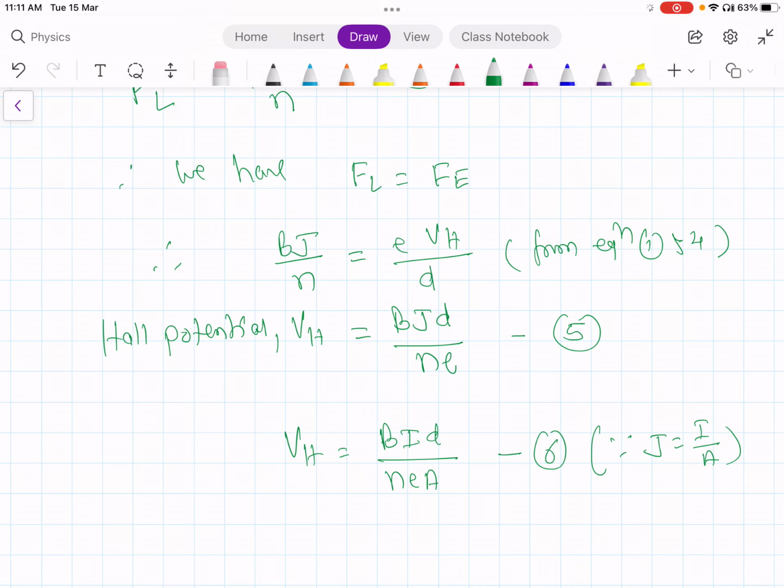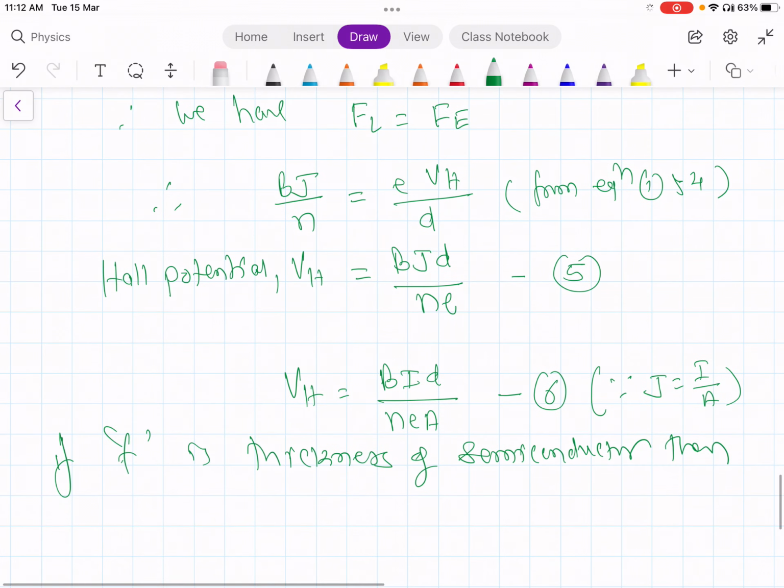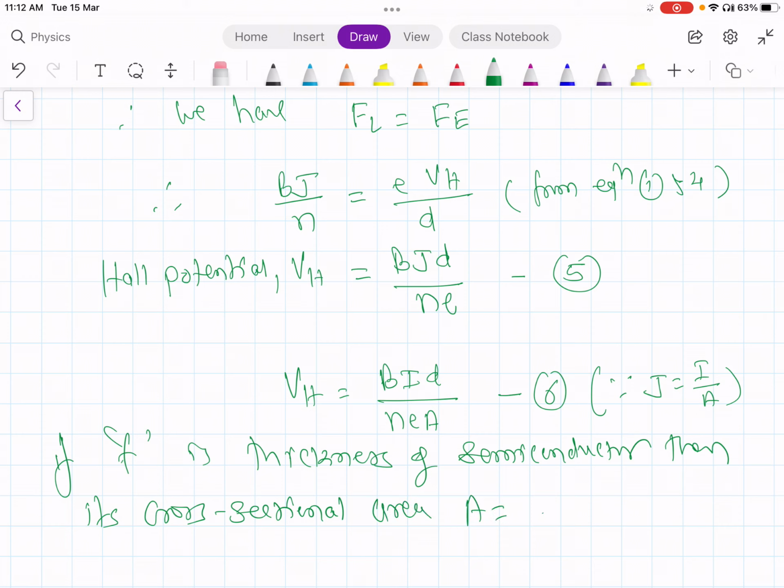We know that the thickness of the sample is t here. So if t is the thickness of the semiconductor, then the cross-sectional area A equals d t. d is the width, t is the thickness. So cross-sectional area is d t.